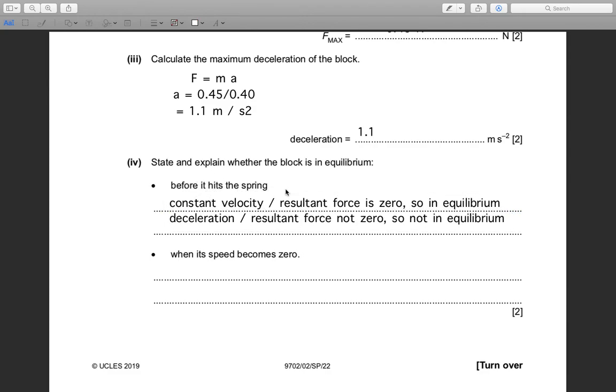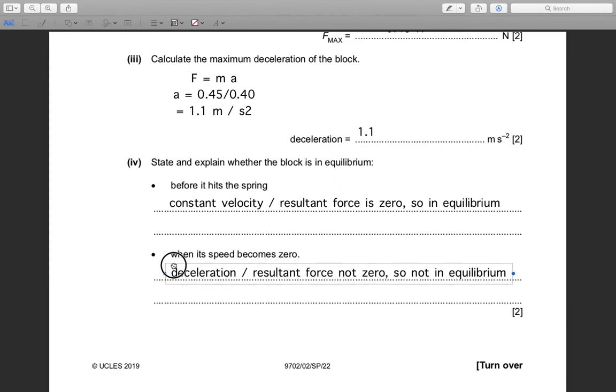We know about Newton's second law and Newton's first law. If the velocity is constant, the resultant force is zero, so there is no acceleration, so it is in equilibrium. But in the second situation the resultant force is not zero, it is actually a negative force, so not in equilibrium. This is the answer for the below one.